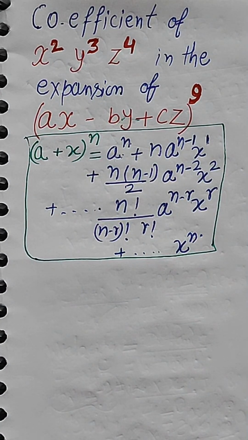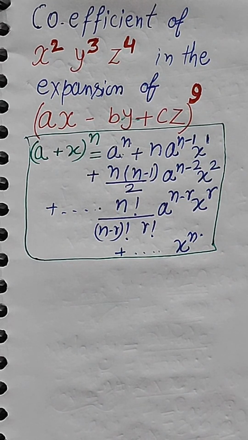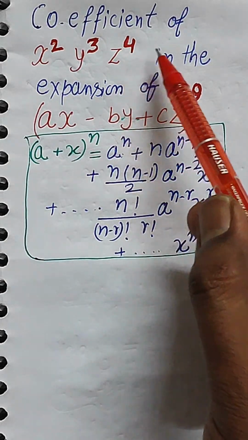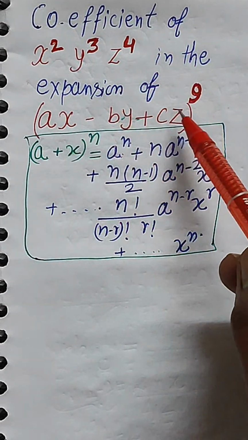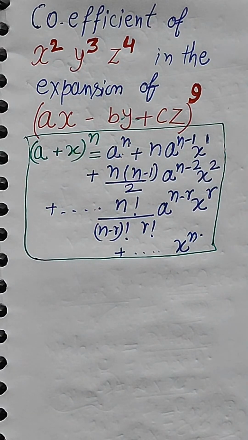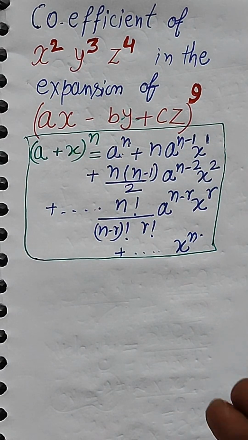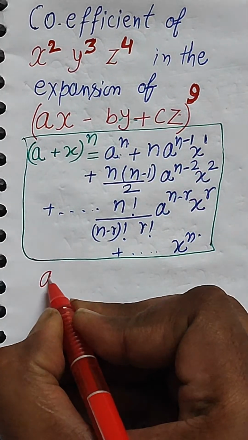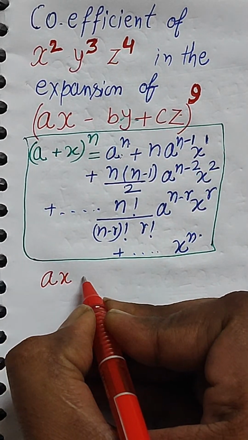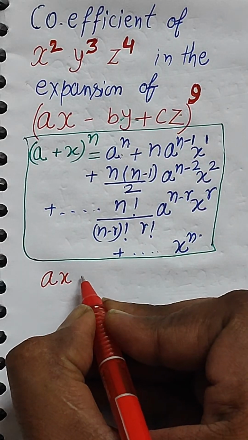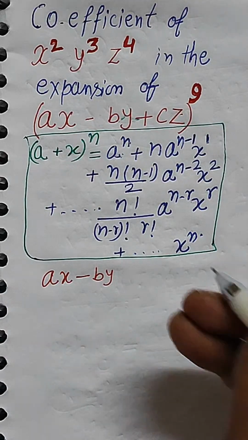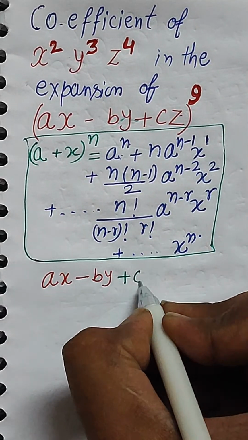Now quickly coming to the question. We need to find the coefficient of x square y cube z4 in the expansion of (ax - by + cz) power 9, right? So if we expand this, make a pair of ax minus by, and cz can be written separately.